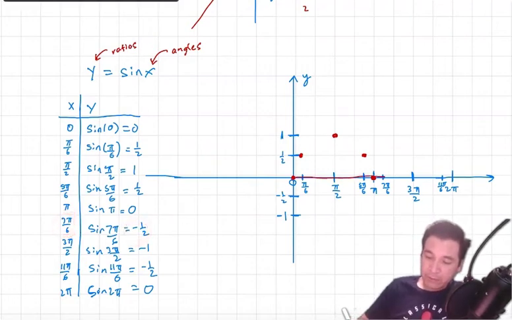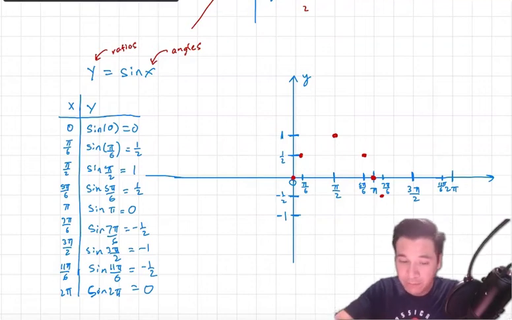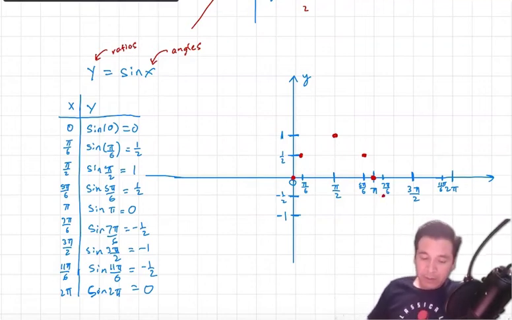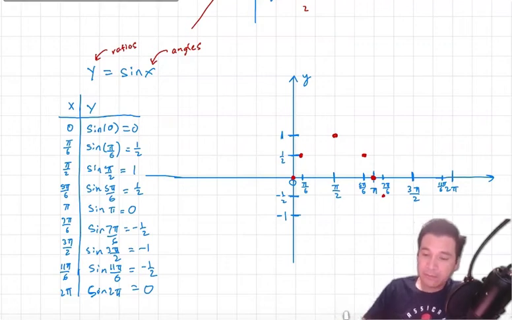So if we go over to 7 pi over 6, and then now we're down at negative half. Let me adjust that. Should be right here. And then 3 pi over 2, negative 1.